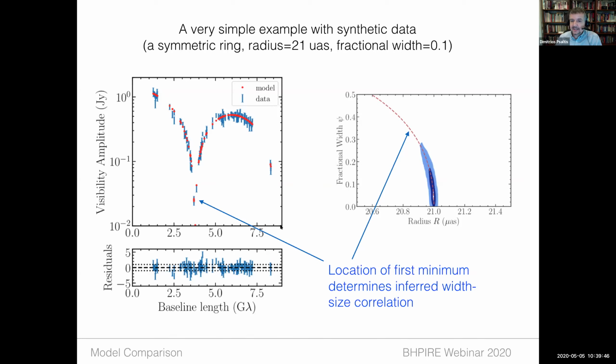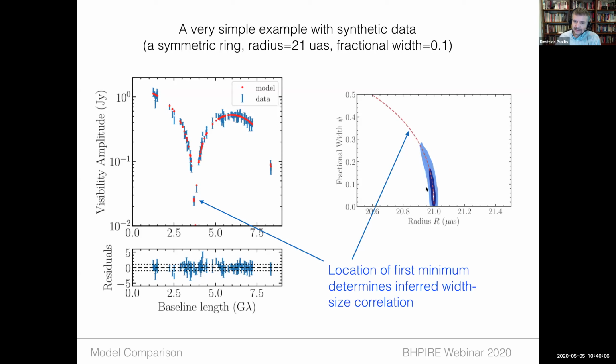Everything on this red dashed line would generate the first minimum at about 3.25 gigalambda, which is why you can shift the data around because of thermal noise, but effectively you'll have to follow that correlated uncertainty. This is how we understand those correlated uncertainties.